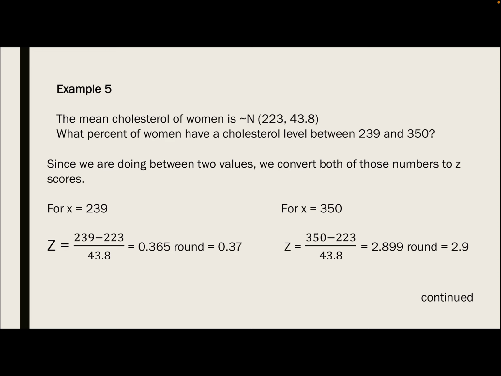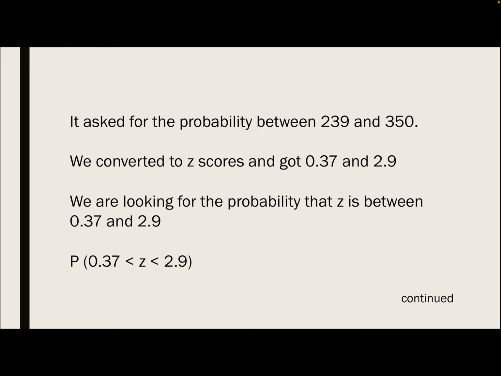Round to hundredths. For x equals 350, 350 minus 223, divide by 43.8, the standard deviation, and round. It asked for the probability between. We converted those and got 0.37 and 2.9. So we're looking for the probability that it's between those two numbers.